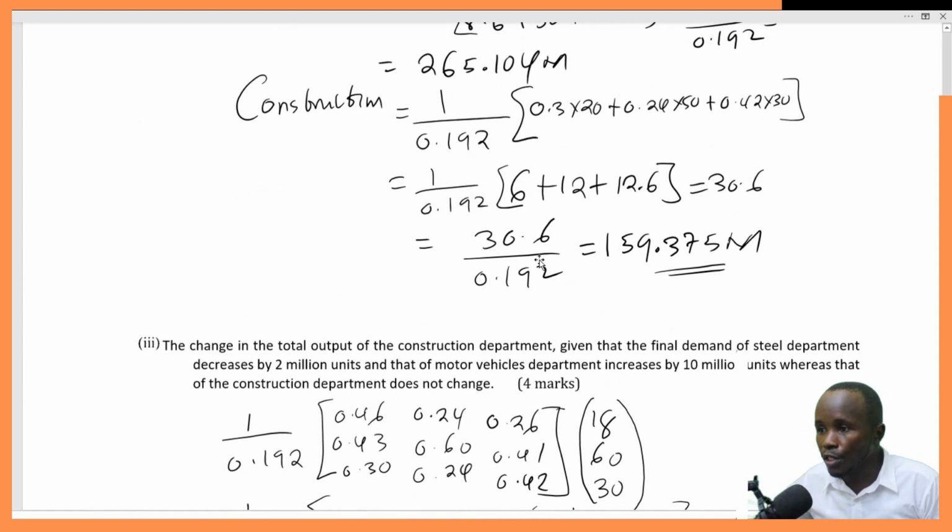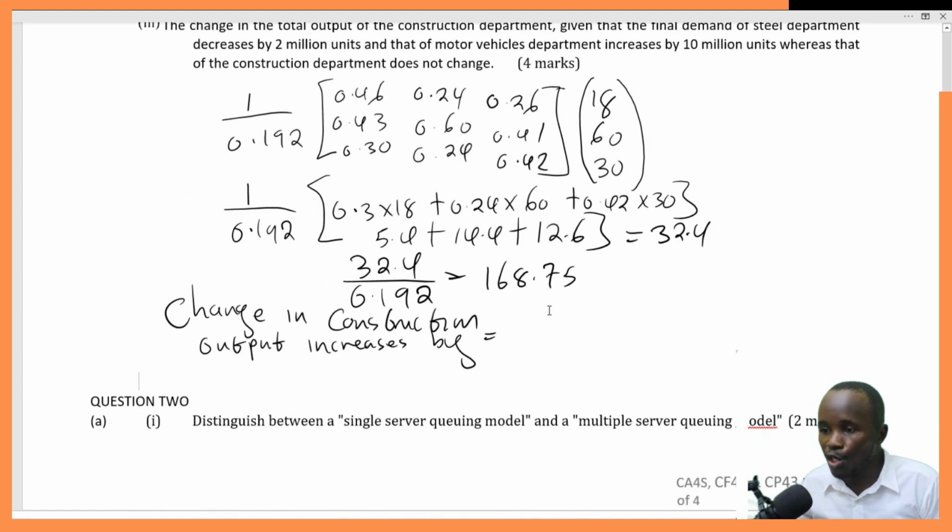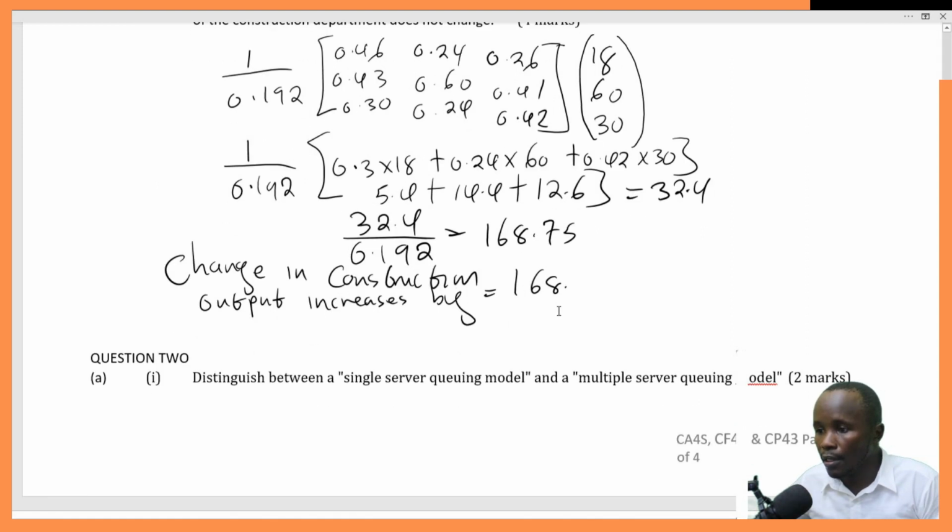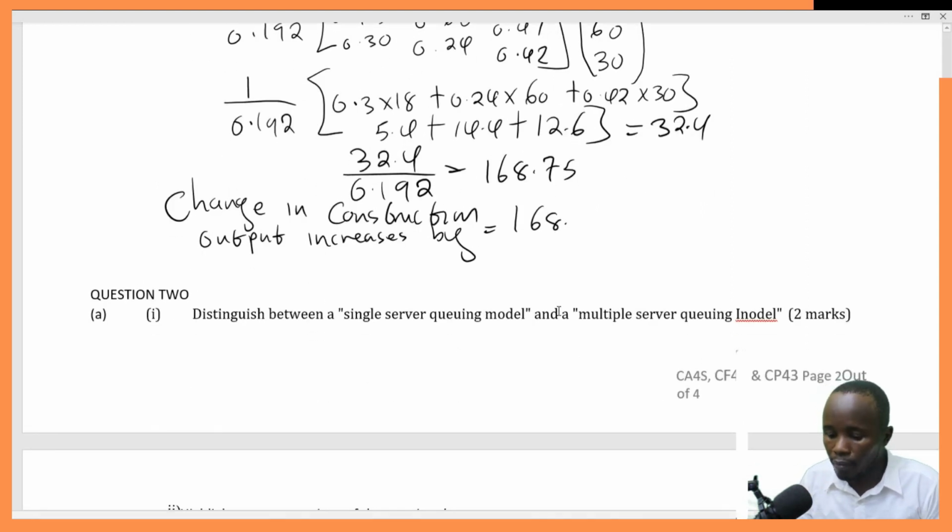Initially, construction output was 159.375. Now it is 168.75. So we have 168.75 minus 159.375.